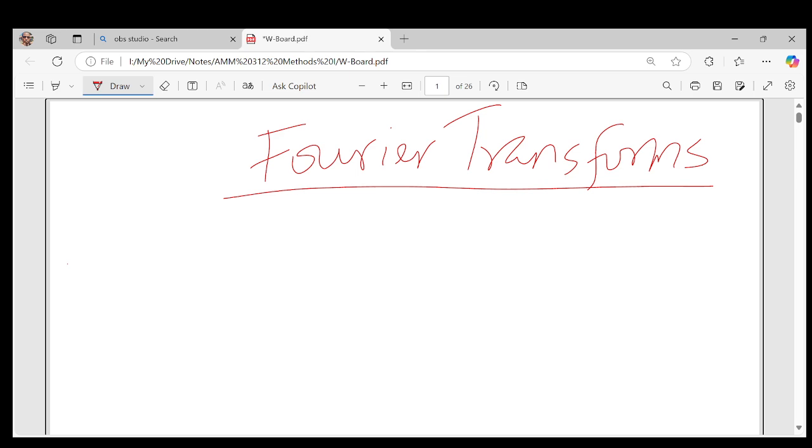But before we go into the Fourier transform, we define what we mean by an absolutely integrable function.